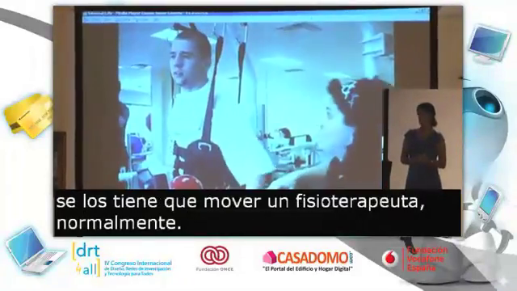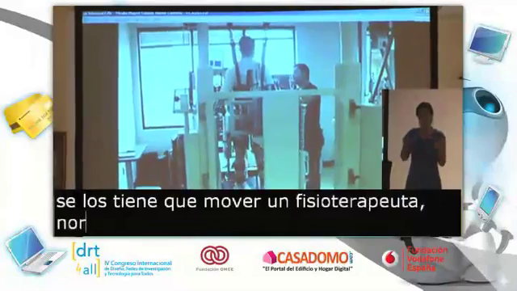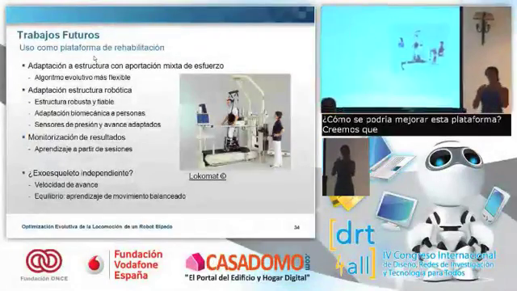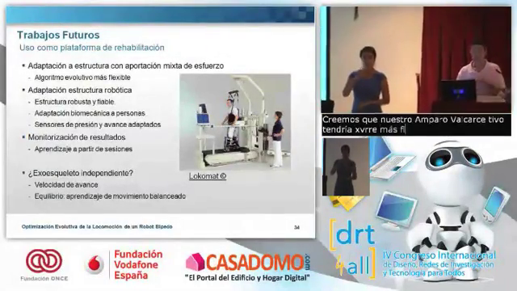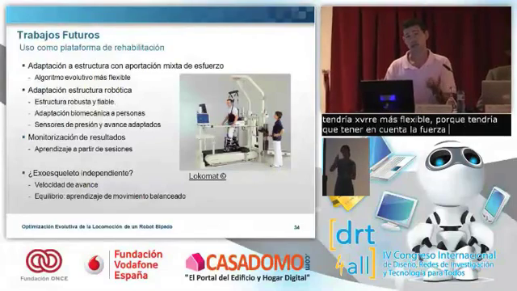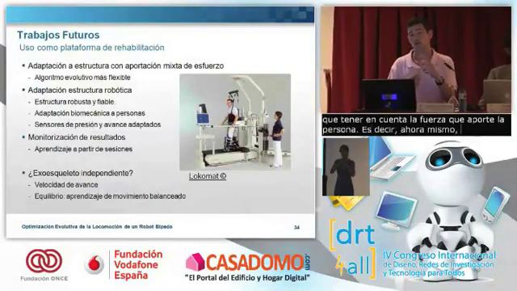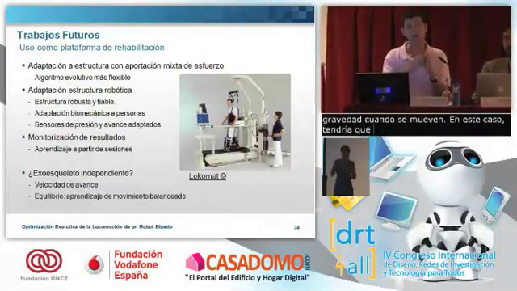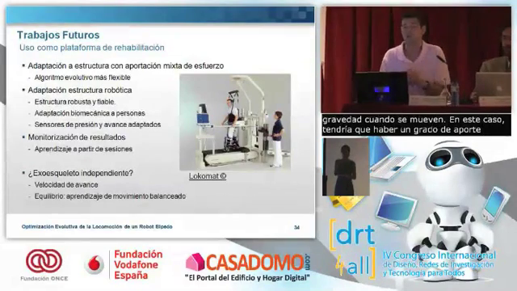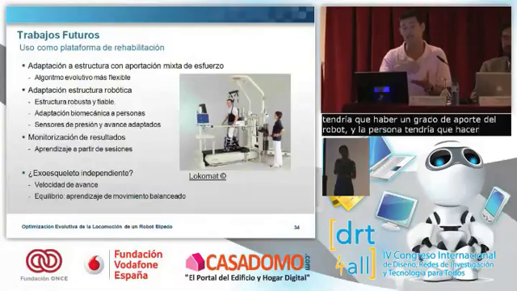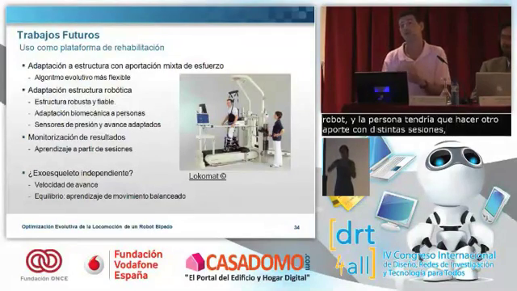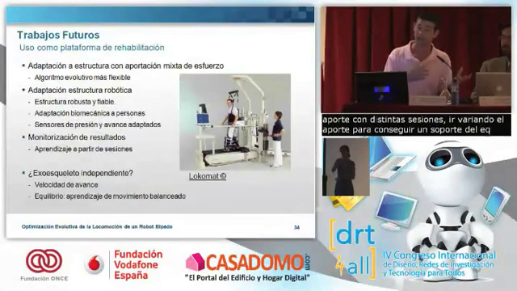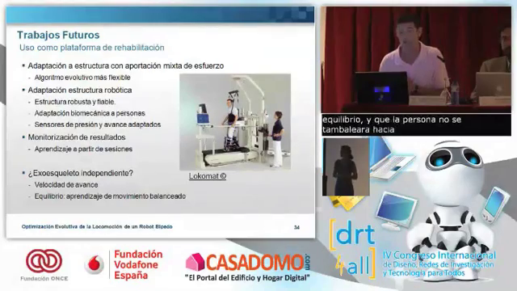And how could we improve the platform? We believe that our model will have to be more flexible, because it would need the strength of the person. Currently, the sensors do not differentiate from gravity when they move, so there should be some contribution from the robot, and another part of contribution from the user, adjusted in order to have the best balance, so that the person doesn't rock too much from one side to the other.